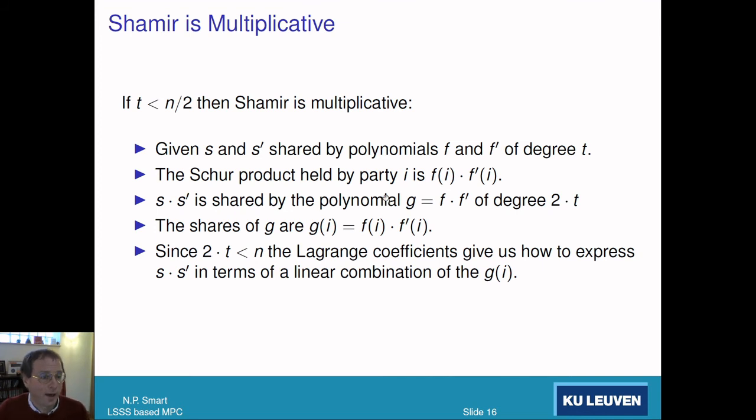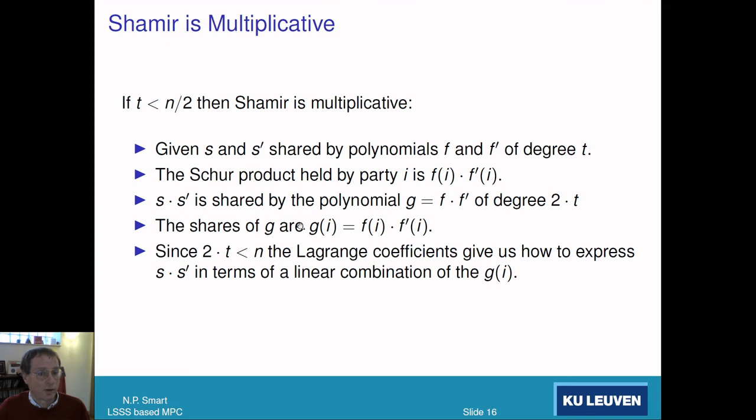If we have a sharing of S given by a polynomial f of degree t, and we have a sharing of S dashed given by a polynomial f dashed of degree t, then the Schur product is actually given by the evaluation of the product polynomial f times f dashed at the value i, which kind of means that S times S dashed is secret shared by a polynomial g of degree 2t.